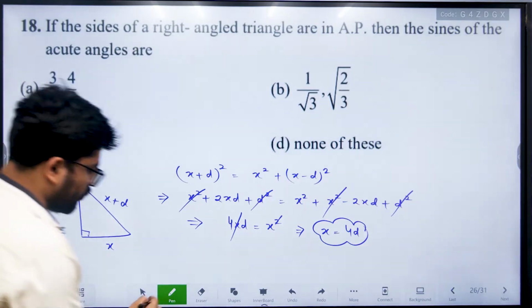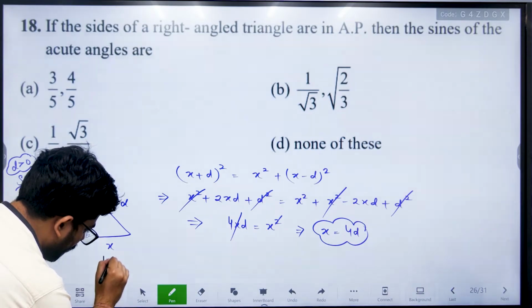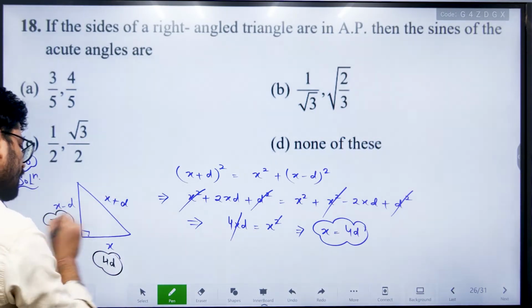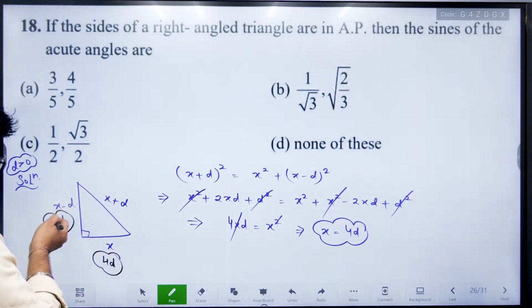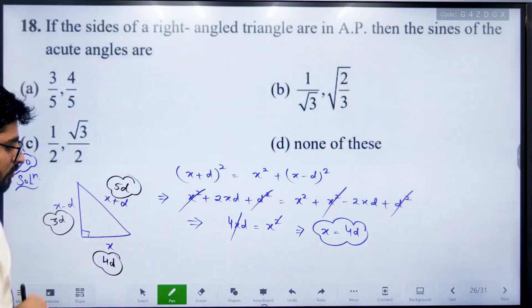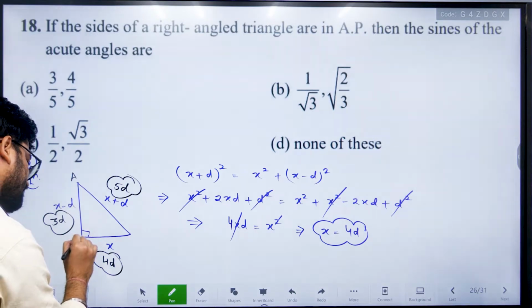So if x is equal to 4d, your sides are 4d, 3d and 5d. 4d minus d is 3d, and 4d plus d is 5d. Let's say this is triangle ABC.